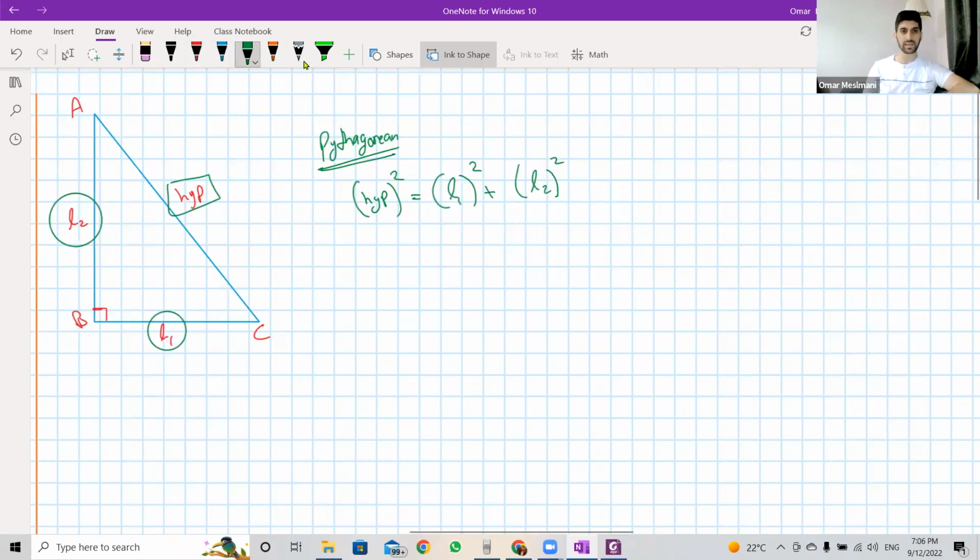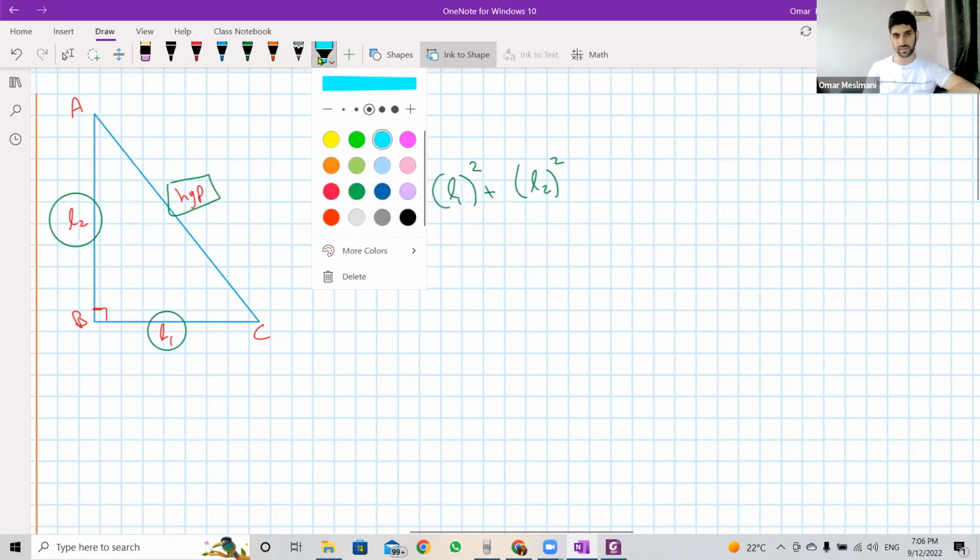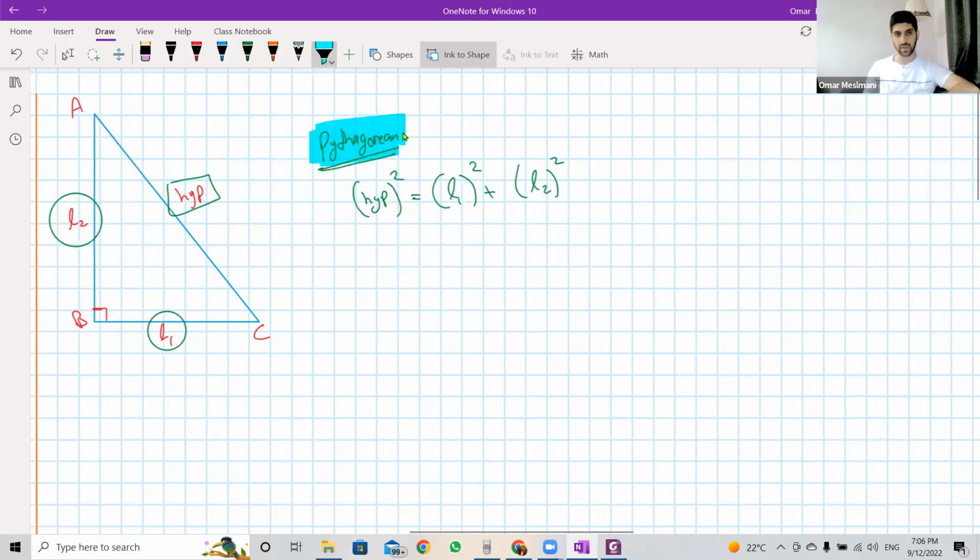This is one of the most important theorems. Once you square the hypotenuse, it has to equal the first leg squared plus the second leg squared.